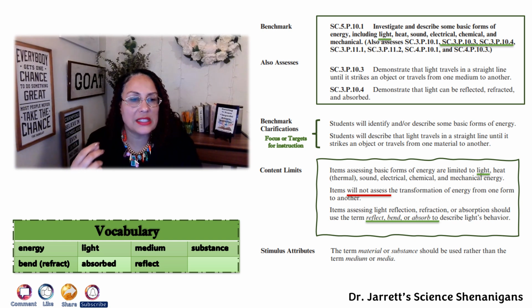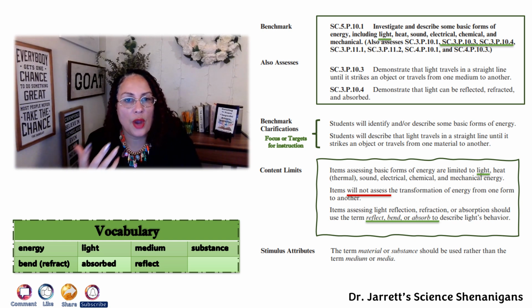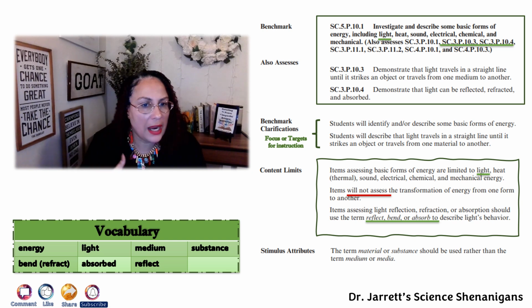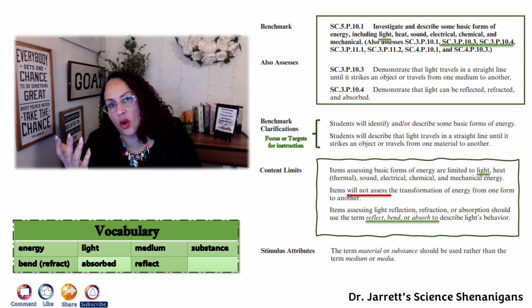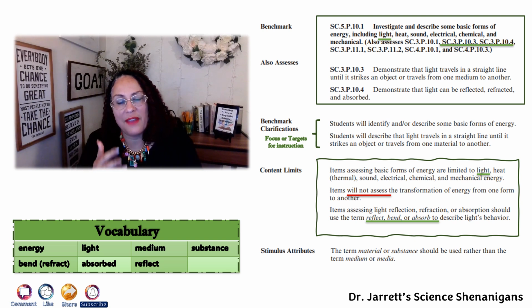If you have materials that you have been using with your students before and they've worked really well, you may want to change out that word refracted to bend, because we don't know what is going to be on the state test, what questions will be asked. You don't know if they've even asked that question before, specifically with the word refracted or bend.